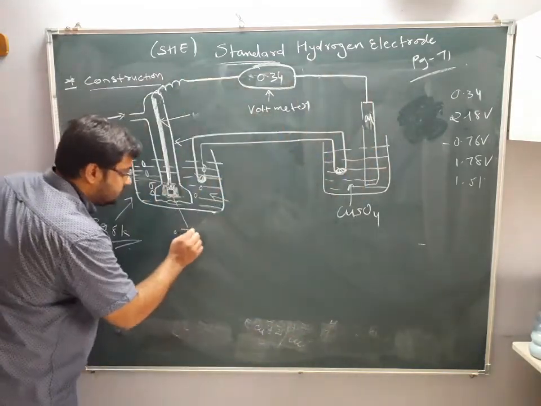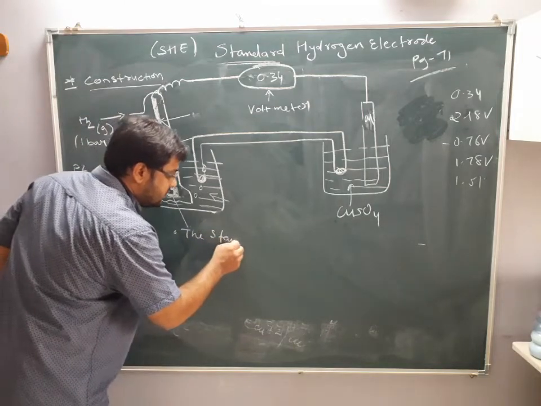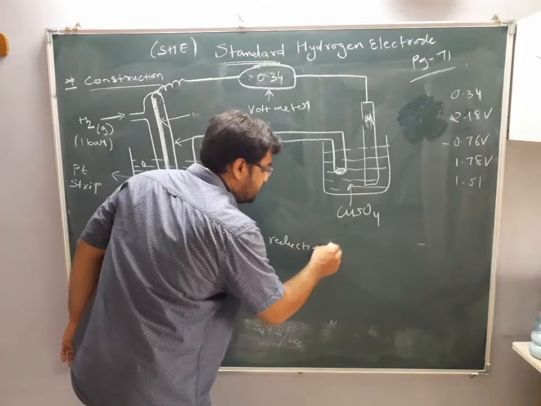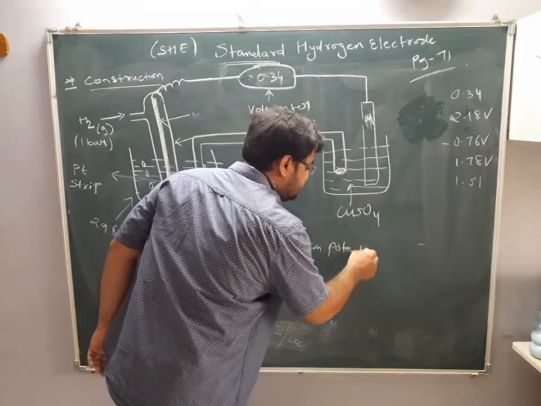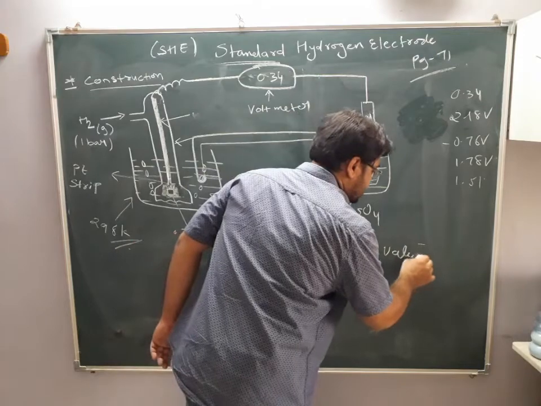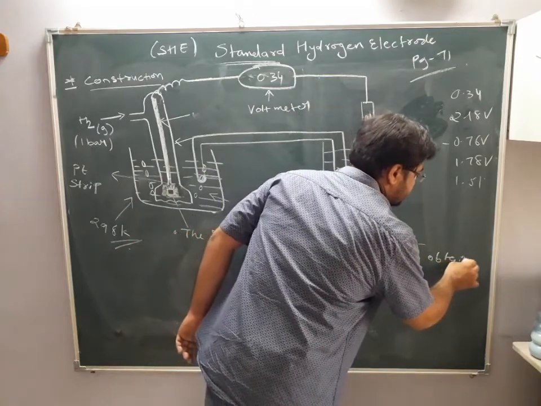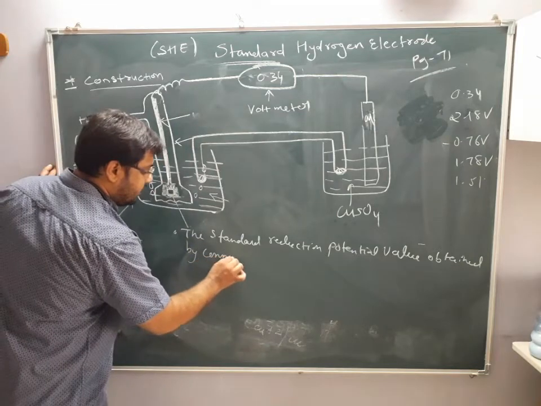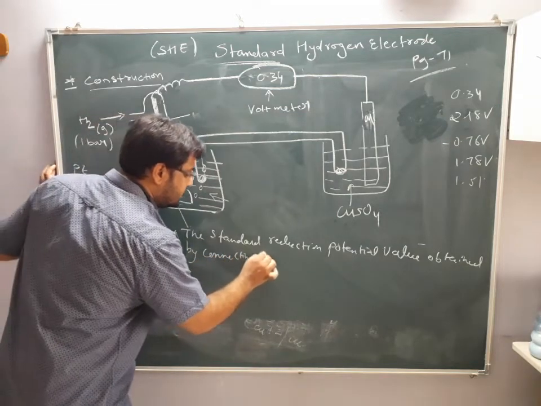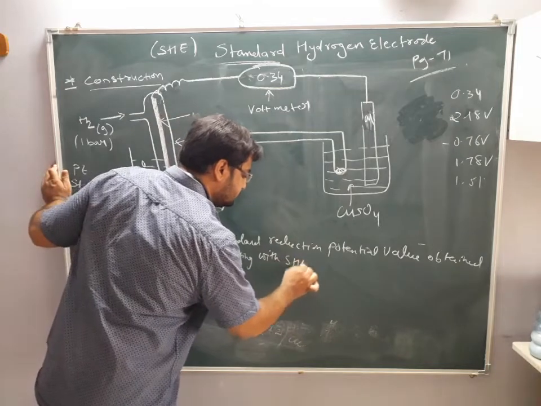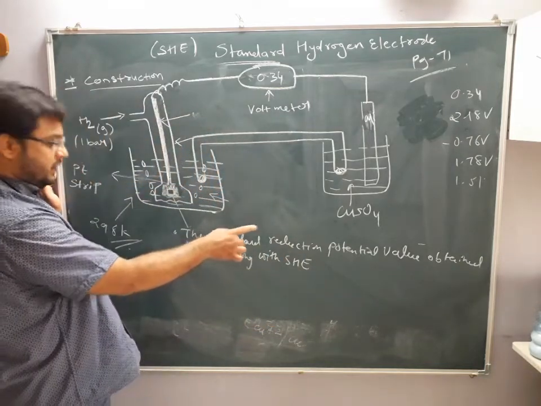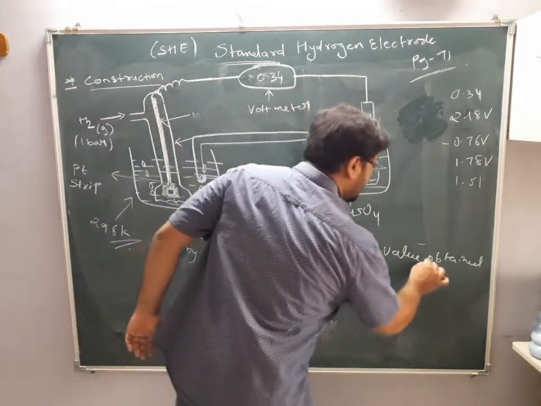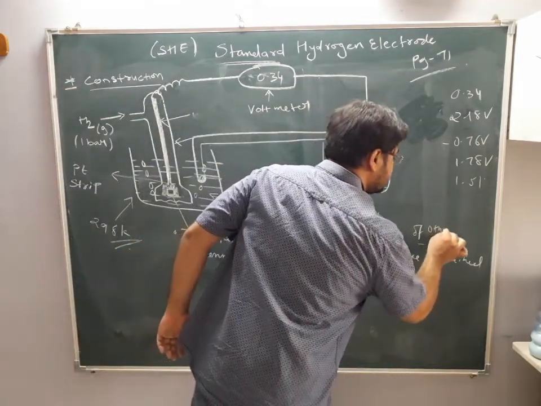So the standard reduction potential value obtained by connecting with SHE, the standard reduction potential value of other electrodes.